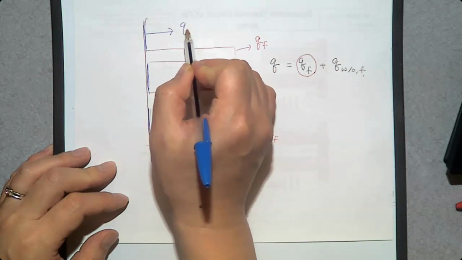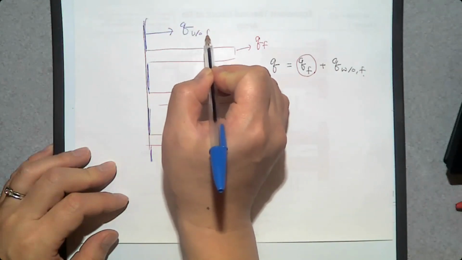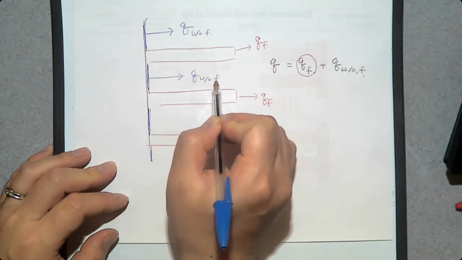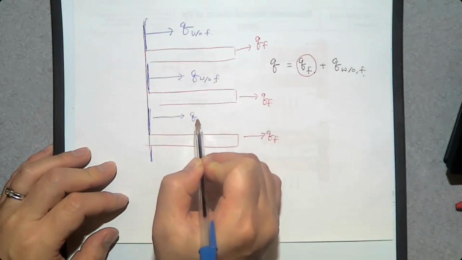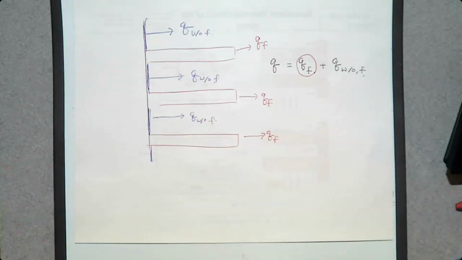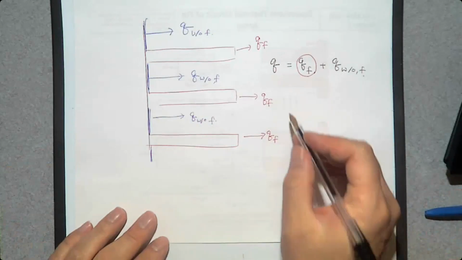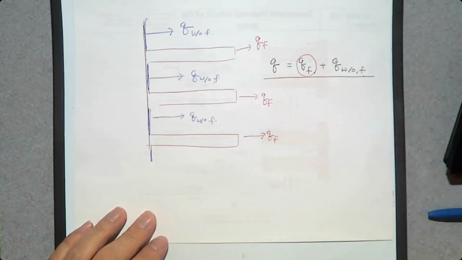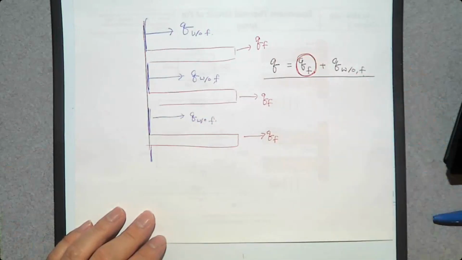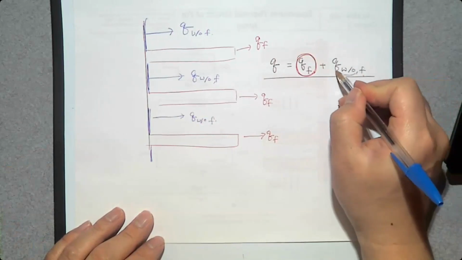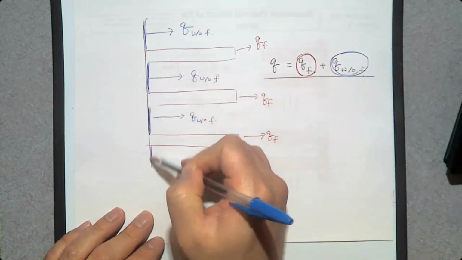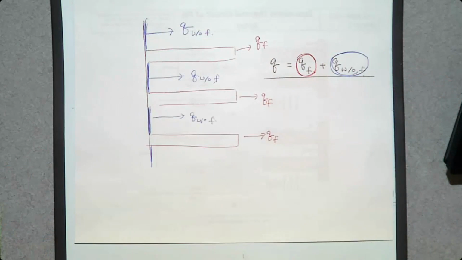So this is going to be Q without fin. So the total heat transfer Q should be the sum of the fin heat transfer rate and the rate of heat transfer from the base surface, which is not covered by fins.